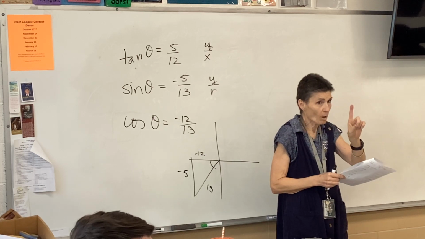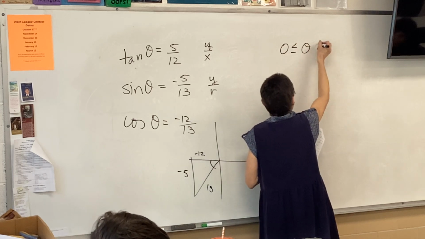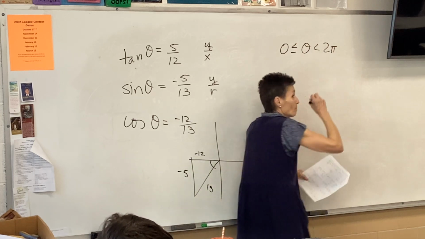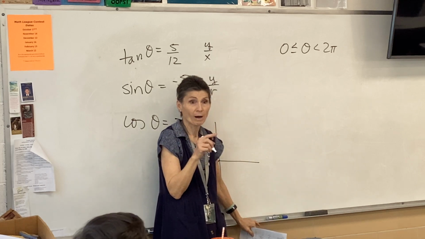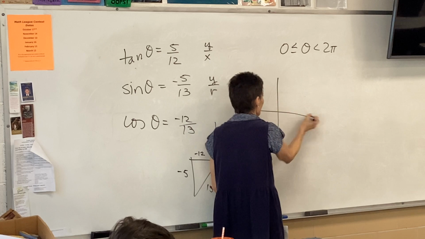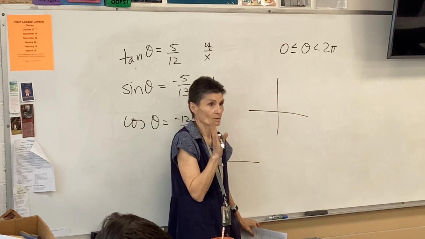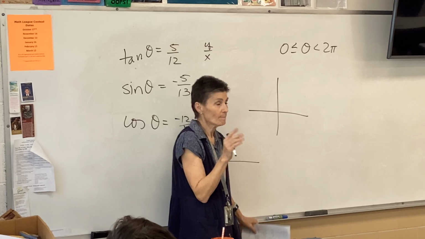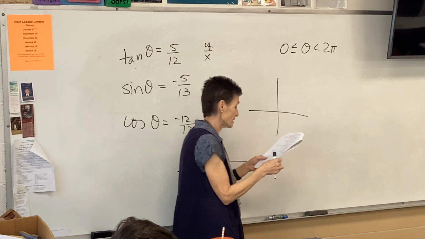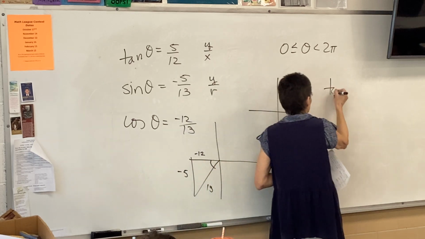But in these problems, the direction said, give me the angles between 0 and 2 pi. So in other words, we're looking for all of the angles just one time around. No coterminals. Okay? So, number 8 says, where is the tangent 1?